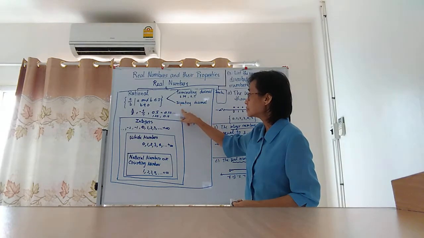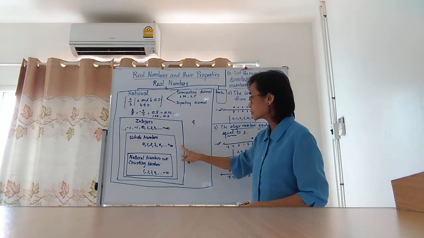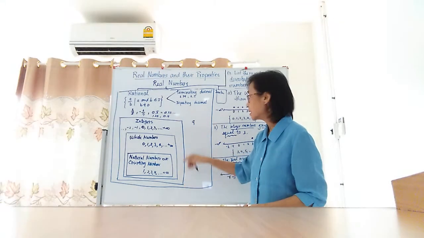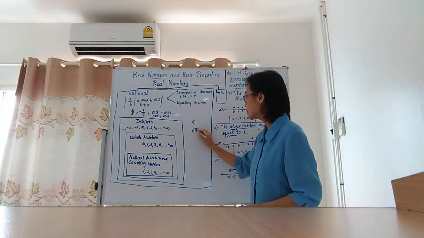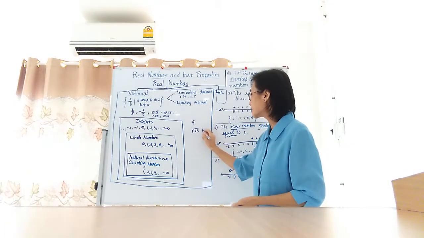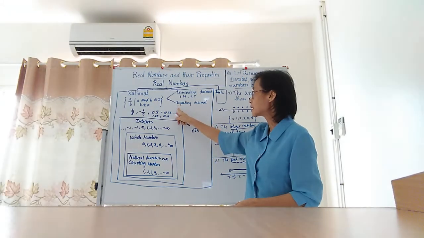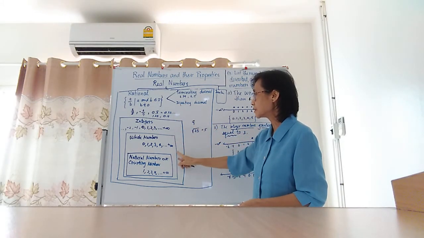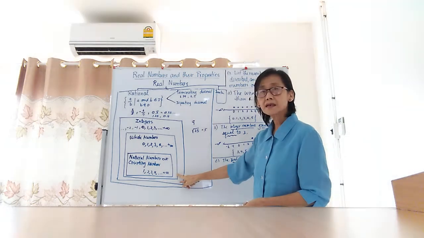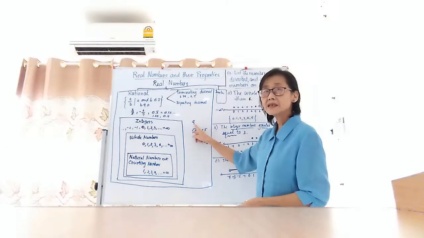It can be rational, integer, whole number, and also counting number. How about the square root of 25? 25, if you take the root, going to be what? 5, right? So same thing, 5 can be rational, can be integer, can be whole number, can be counting number.